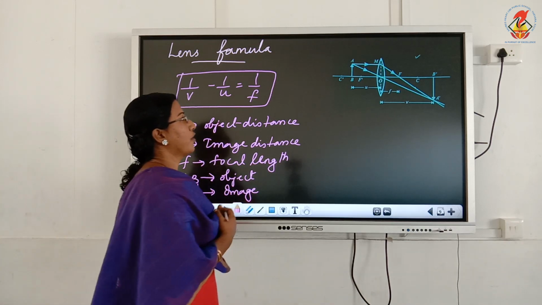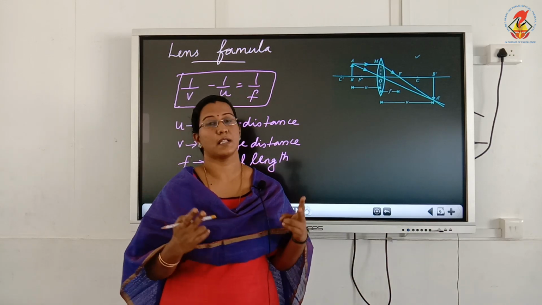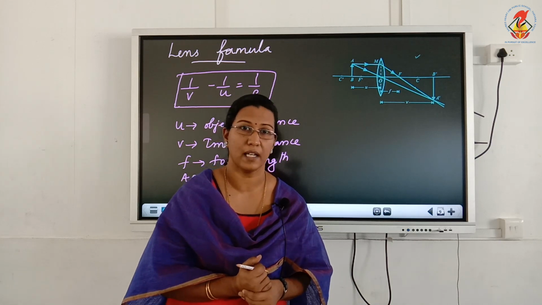Okay. Now for deriving this equation, it's very simple. We consider two sets of similar triangles, and using those two sets of similar triangles we formulate the equation.